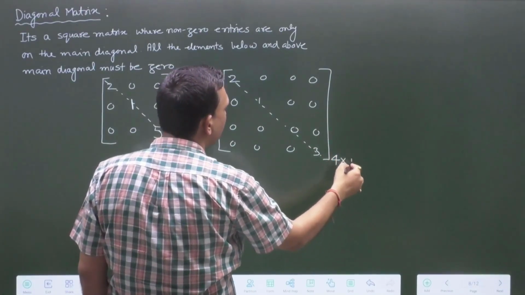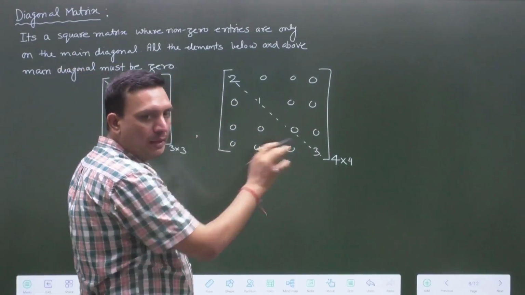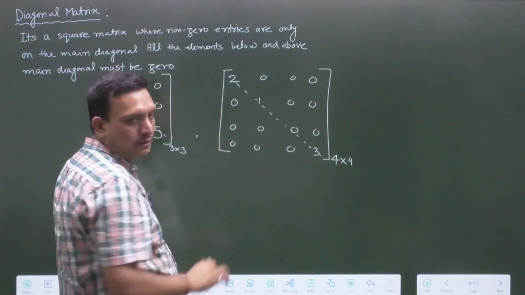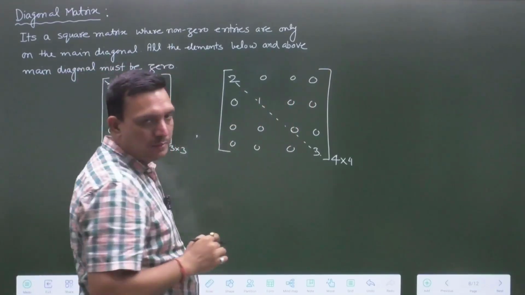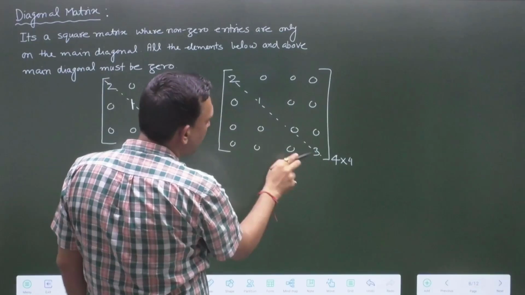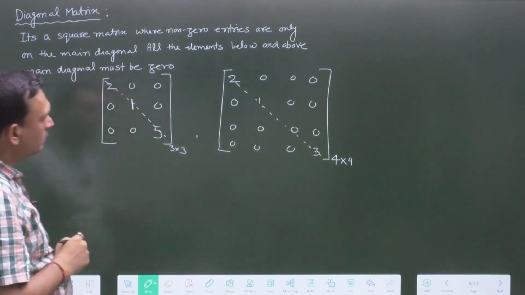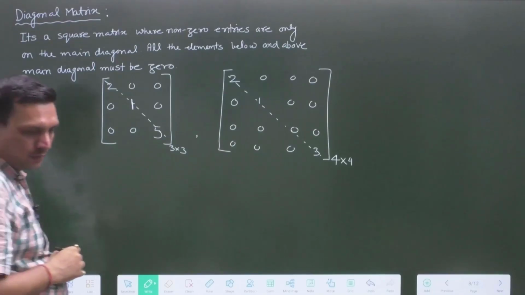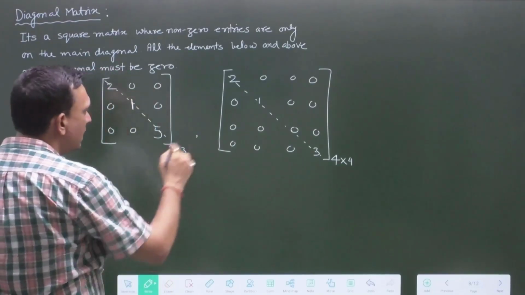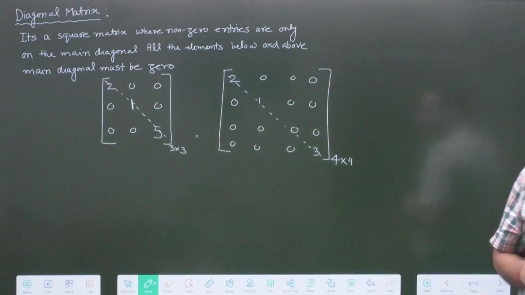It's a 4 cross 4 matrix. Some of the elements on main diagonal may be 0 also. That is also a diagonal matrix. But all the elements below and above must be 0, and non-zero entries are only on the main diagonal. These are the main diagonal elements. Okay?